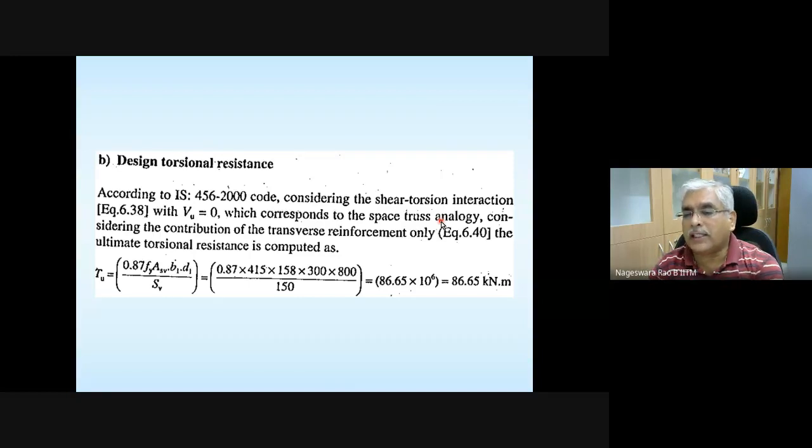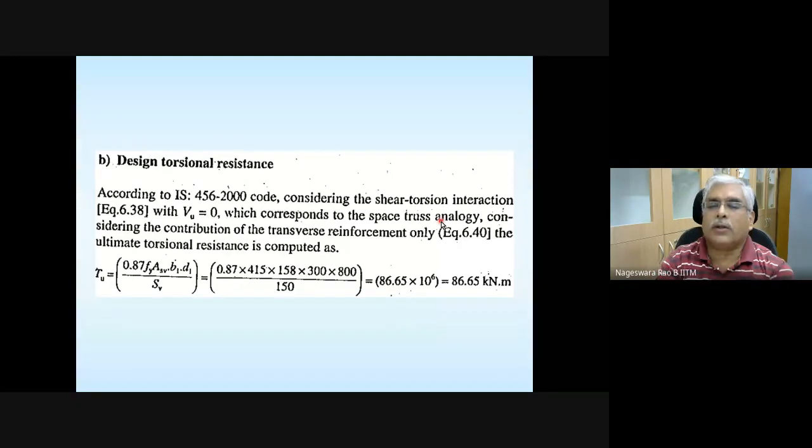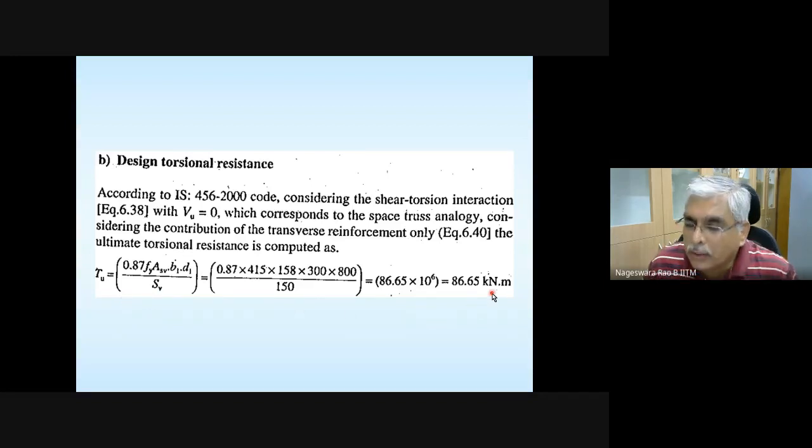This theory is developed based on that, but we are not going into detail on it. So forget about this description. Just look at the equation taken with VU equal to 0 and TU is calculated. Please note that this is going to be the torsional resistance of the given section when there is no direct shear. If there is a direct shear, then this is going to come down.